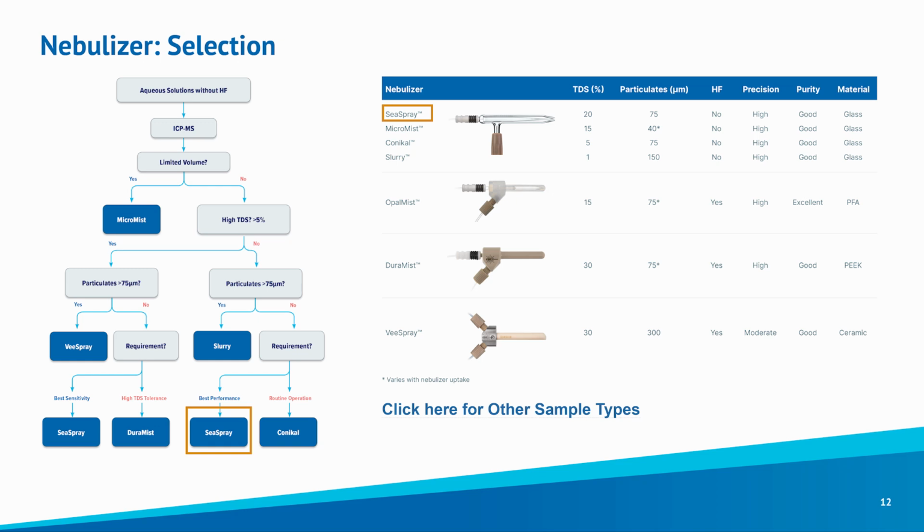However, when dealing with high TDS levels, especially in HF applications, the Duramist nebulizer is the ideal choice. Lastly, it's crucial to match the nebulizer to your desired sample uptake rate. For a complete guide on selecting the right nebulizer and matching it to your application, feel free to visit our website, where you will find a comprehensive list of all models and their respective uptake rates.